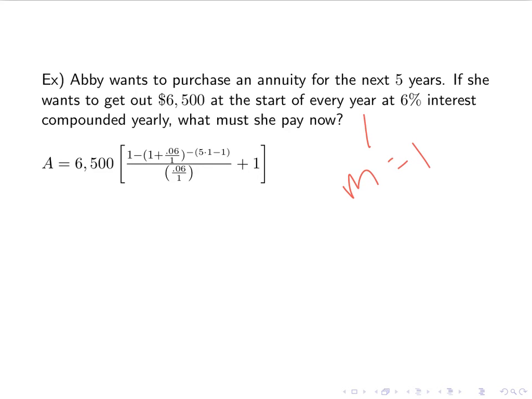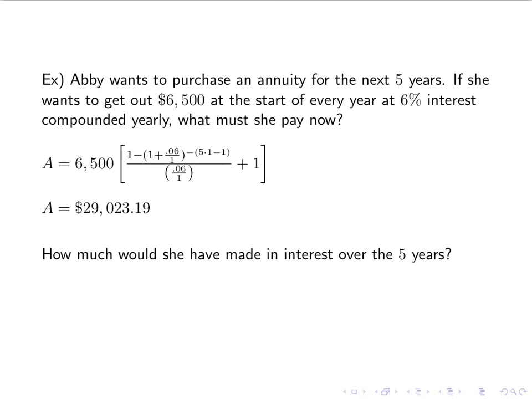Okay, so that's where all these ones are coming from. And then everything else should fall right into place. And you should be getting $29,023.19. So if Abby gives the bank $29,000, then for the next 5 years, they're going to give her $6,500.